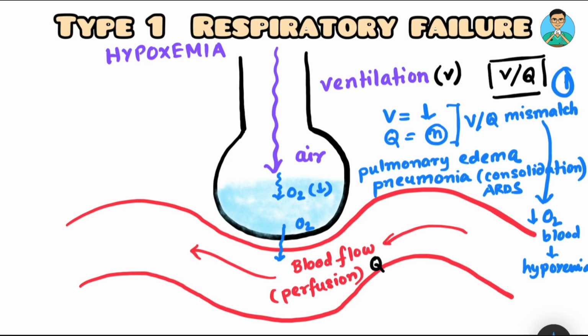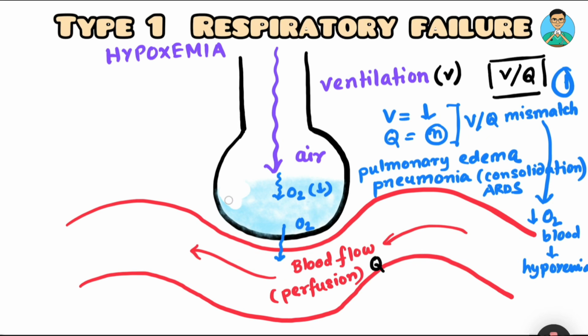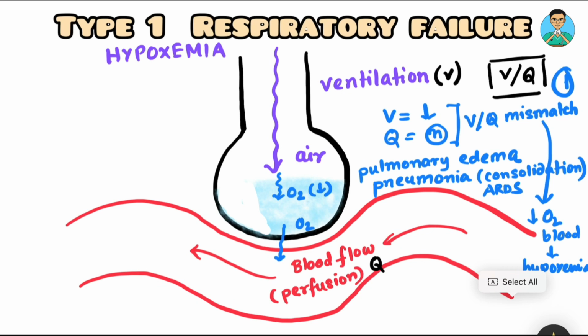Now there can be a second scenario. Suppose in some part of the alveoli there is no water or consolidation, rather this part of the alveoli is well and good, but what's happening is that the exchange membrane has got thickened. This is the exchange membrane, but it has got thickened.